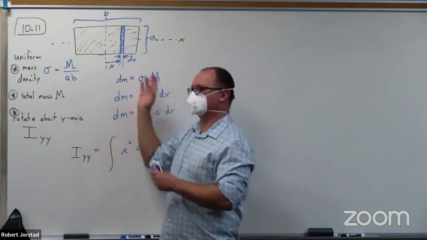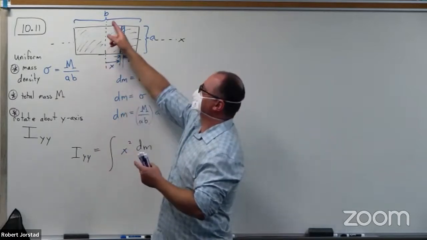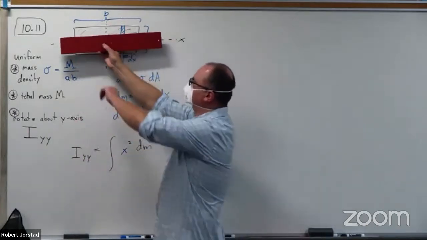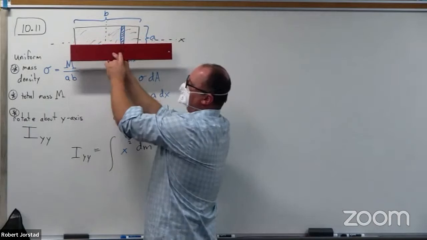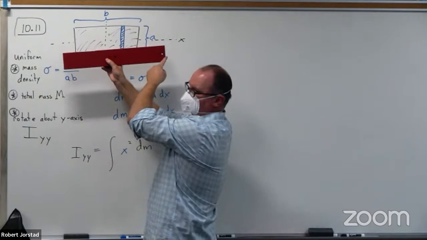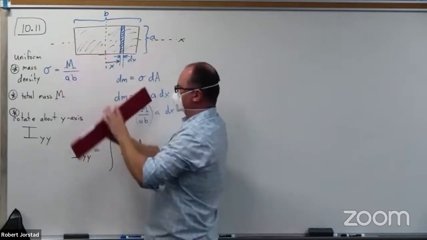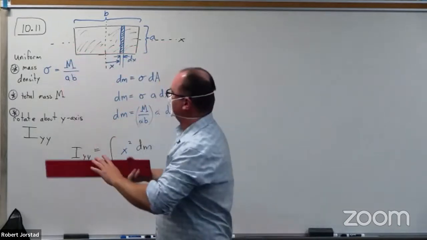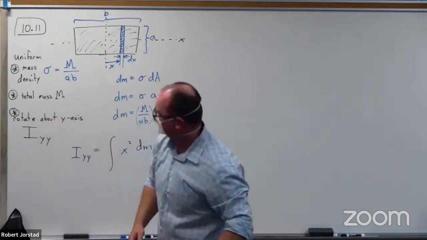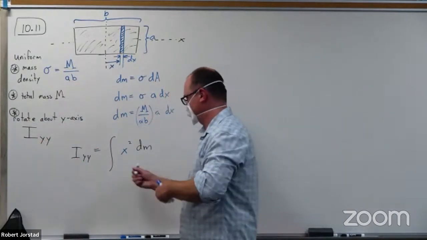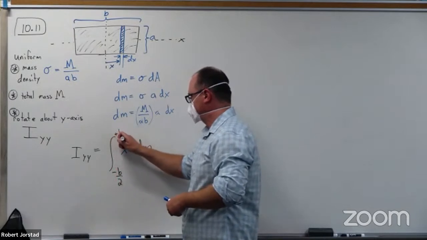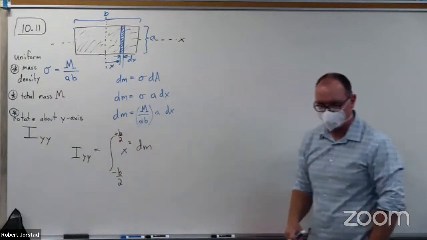Because x is a variable, we want to talk about the actual dimensions. In this case, I know the total length is b. Well, my x could be any number from negative b over 2 all the way to positive b over 2. So that's what my limits are. The actual dimensions of the object are your limits or relate to them. So in this case, we're ready to rock.